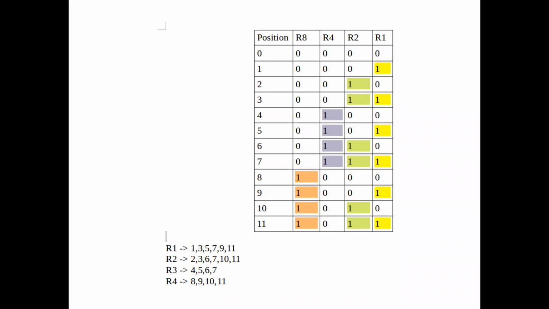For R2 we take the positions whose binary representation has 1 in the second position from LSB. Similarly for R4 the third position, and for R8 the fourth position from least significant bit.